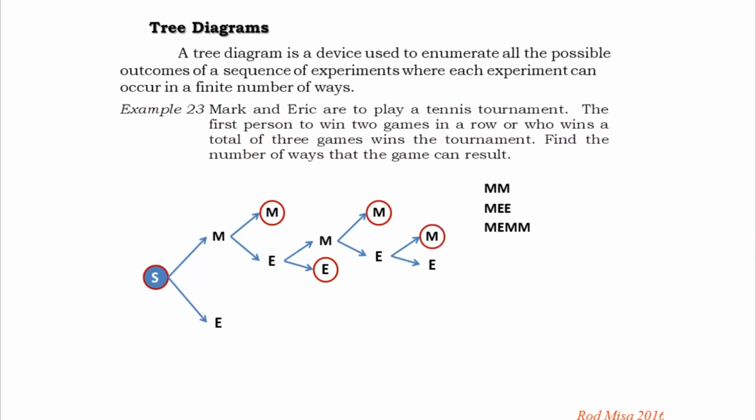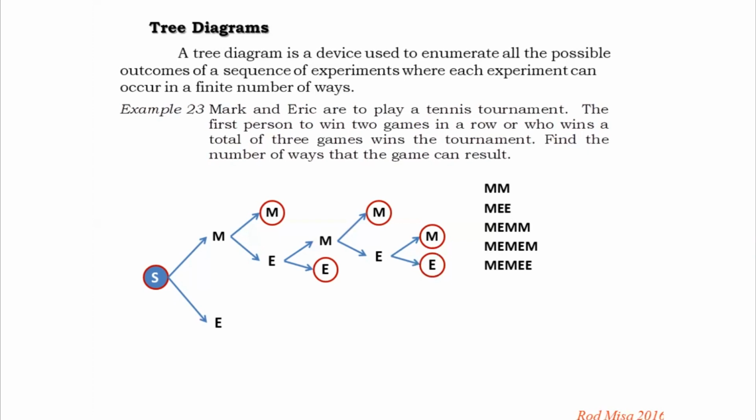Then that's the end of the tournament because Mark has won a total of 3 games here. But suppose Eric won the fifth game. Then this is the end of the tournament because Eric has won 2 games in a row. So the pattern is Mark the first game, Eric the second game, and then Mark the third game. But Eric has won the fourth and the fifth game here.